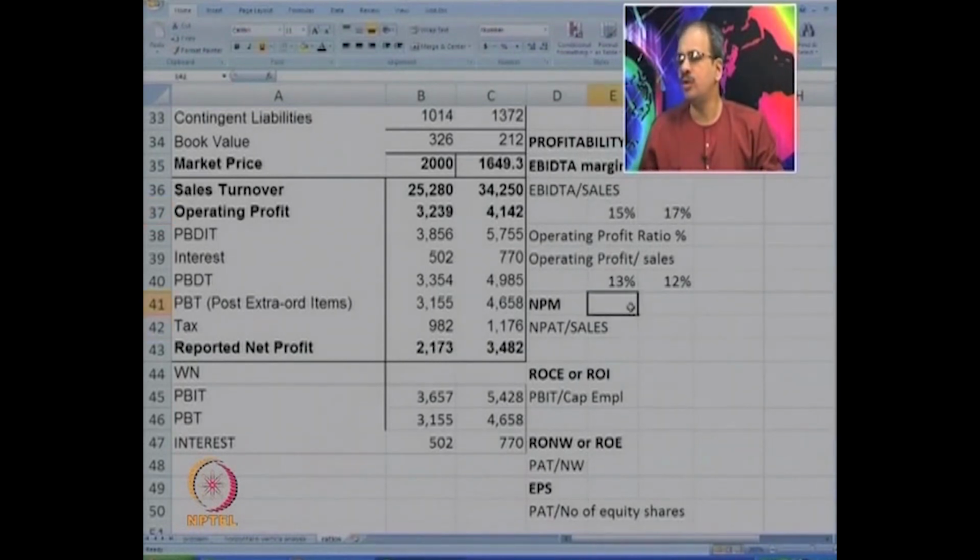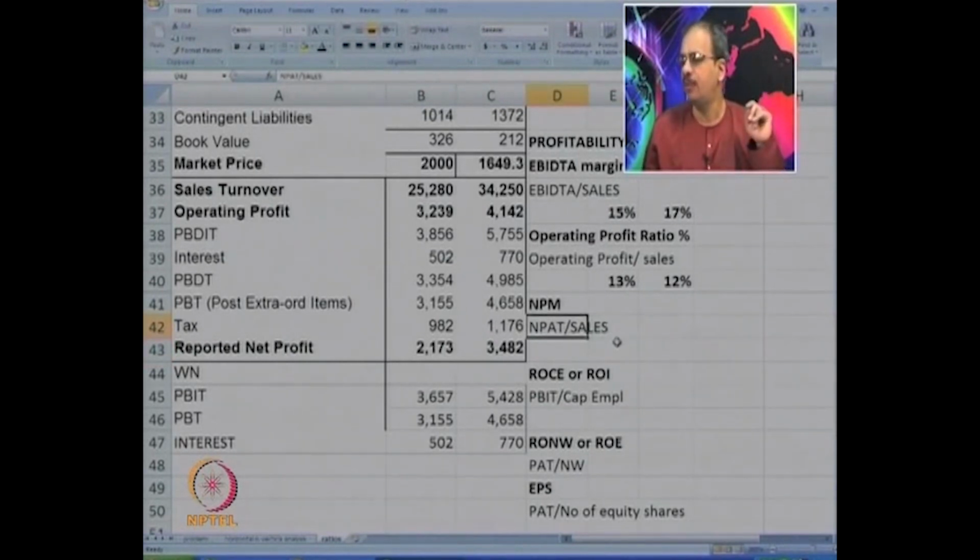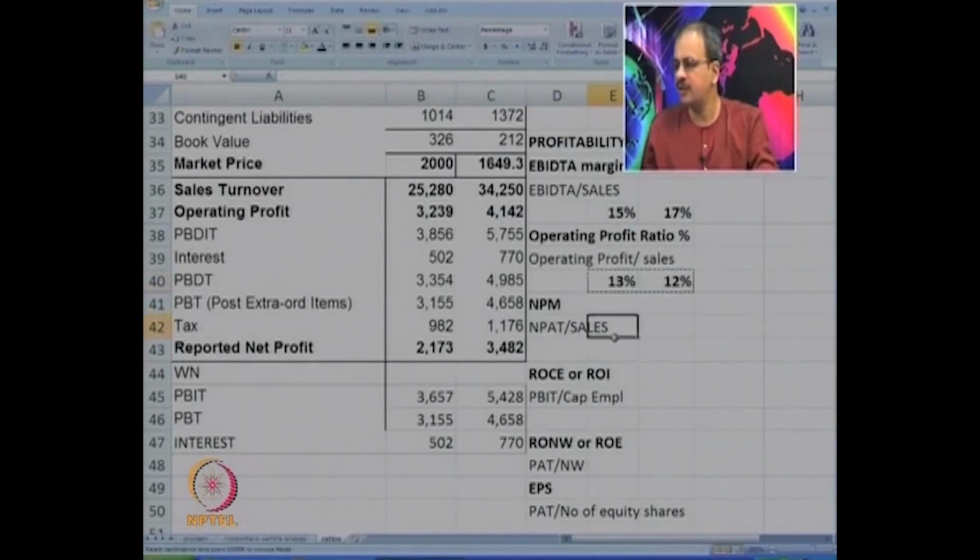Now, let us go to the third ratio, that is known as NPM or net profit margin. What does it calculate? The net profit divided by sales. I have already written the formula, NPAT upon sales. Just copy it.